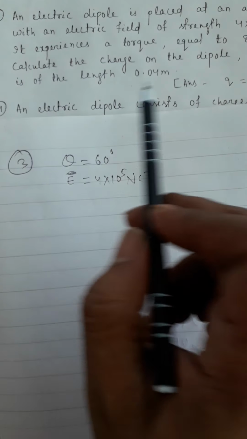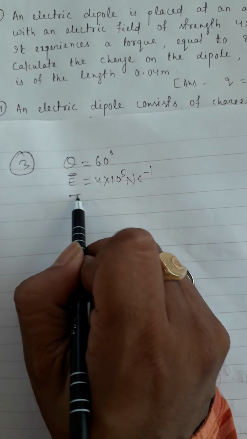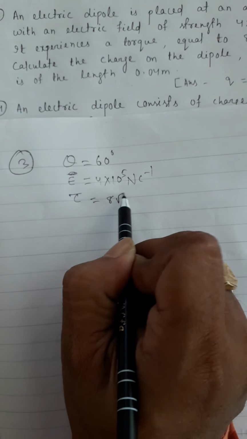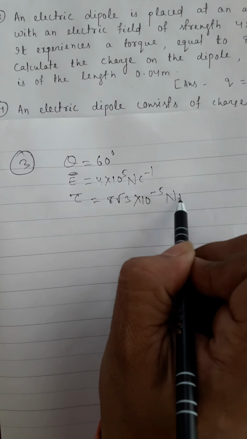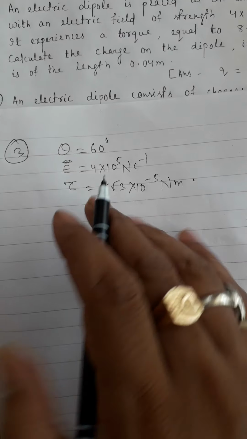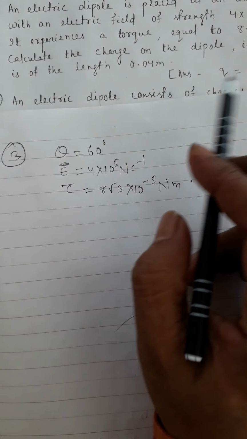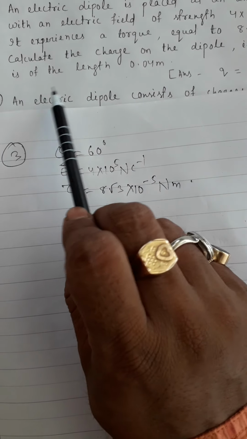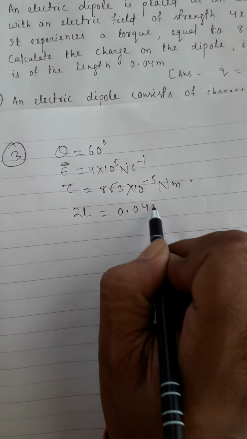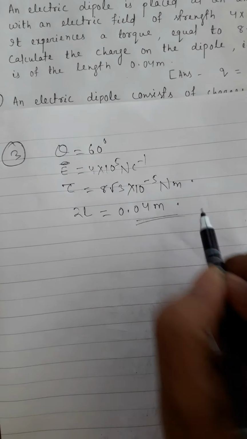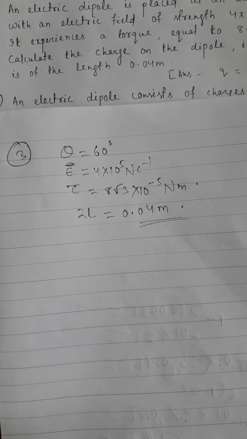It experiences a torque, tau is given, that is 8 root 3 into 10 to the power minus 5 Newton meter. Calculate the charge on the dipole, if the dipole is of the length, that is 2l is given, that is 0.04 meter. No need to convert because it is in meter, SI system.